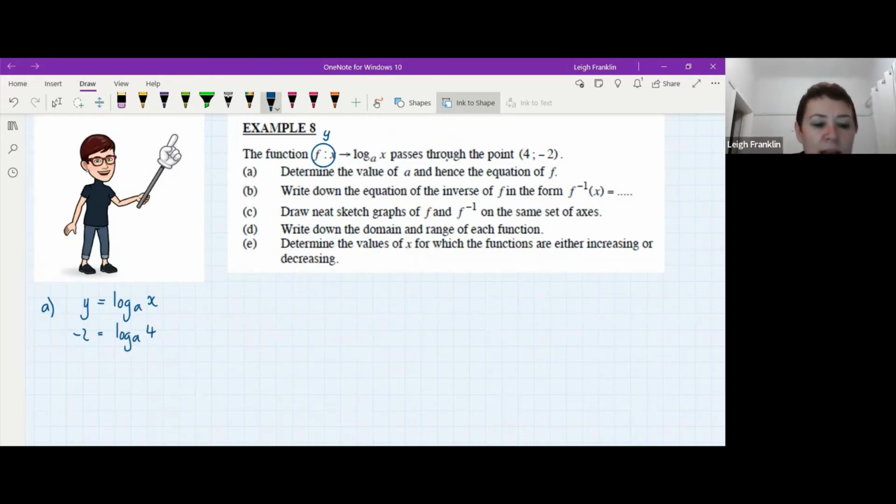This is really important. Our base is a. Our exponent is -2. And our number is 4. Being able to do that is really, really important.